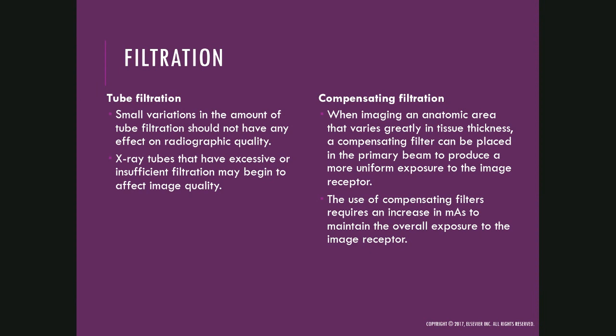And some techs use them, but most people don't. But what they do is they help to even out exposure across the image so that areas that normally would be overexposed are not overexposed. They just help to even out those densities and make a uniform exposure across the whole image.